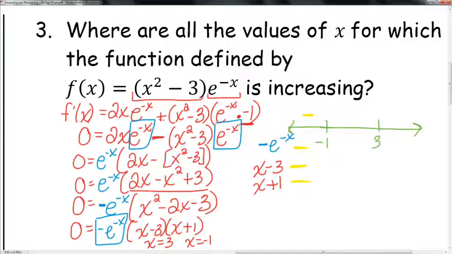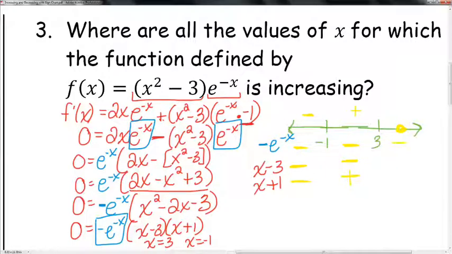If I plug in 0, I'm still going to get a negative number from the first factor and a negative from x minus 3. For x plus 1, I'm finally getting a positive number. So a negative times a negative is a positive times a positive is a positive. And so finally, I'm going to plug in a number over here, let's say 4.